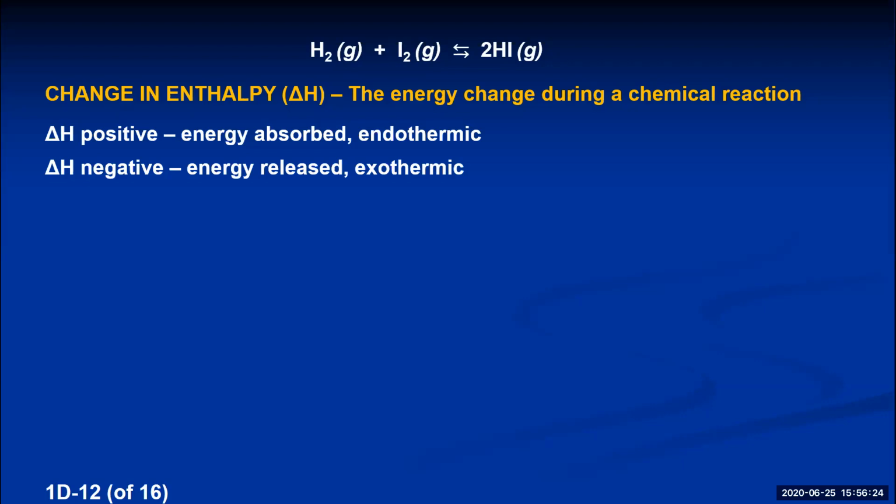So if you're given a reaction like the one at the top of the slide, and you're told experimentally that the enthalpy change is negative 5.1 kilojoules per mole of HI, the only thing that's really important here is the net sign of the value for delta H. It's negative, so the reaction is exothermic. You can take your balanced equation and put energy as a product, because energy would be released if the reaction is exothermic.